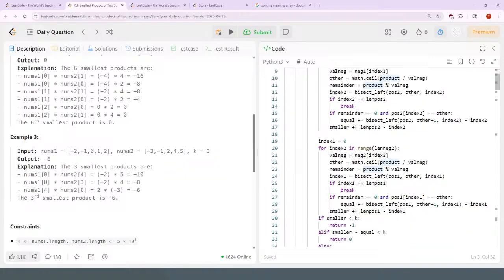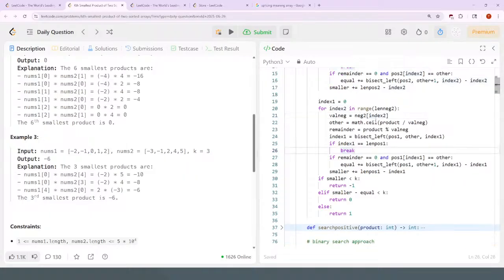Do the same kind of logic for the reverse in terms of going through the negatives in the second array, pairing them with the positives in the first array. Exact logic, pretty much.